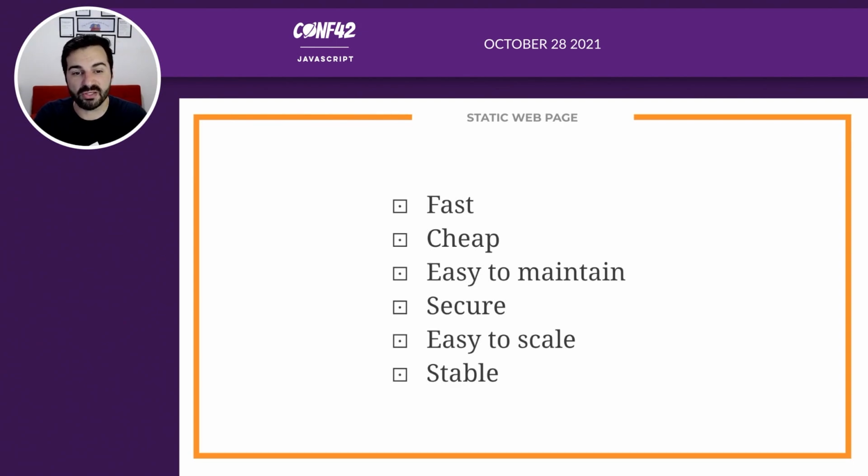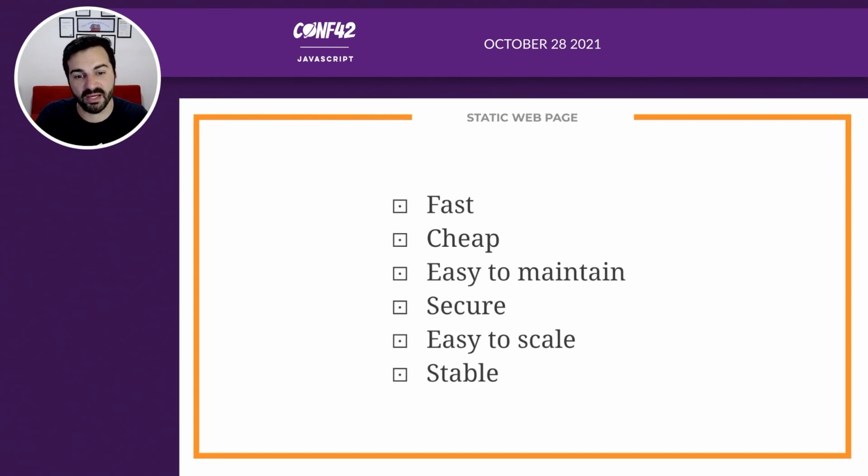Static web pages are cheap because we need web servers that store these static assets and deliver them to the users without doing any process, or any calculation to be executed. So they only store the files and deliver them to the users that are visiting our websites.